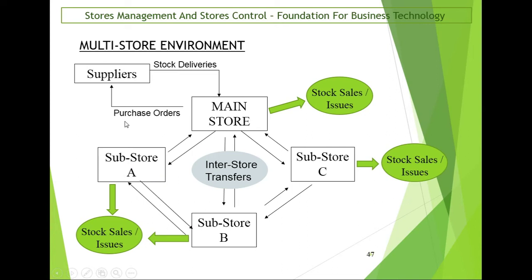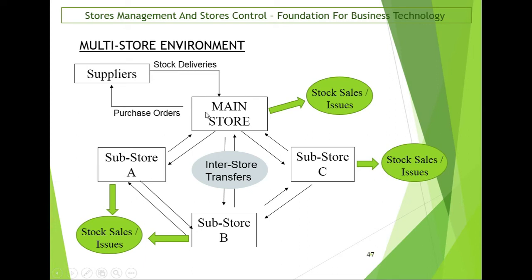We have established a relationship between the main store and suppliers. In other words, all the stock for the organization is being acquired through the main store. That is why purchase orders are coming from the main store to the supplier, and deliveries are made from the suppliers to the main store.